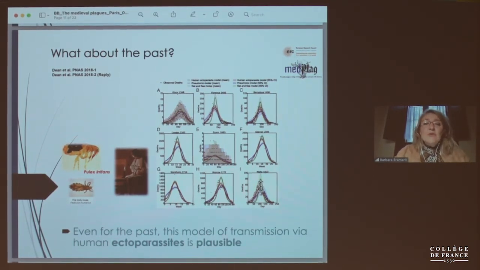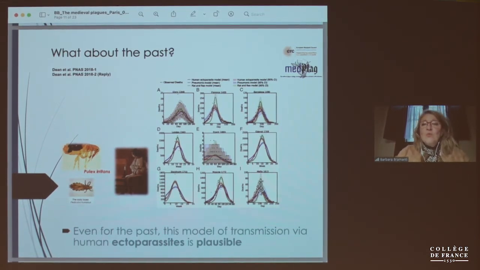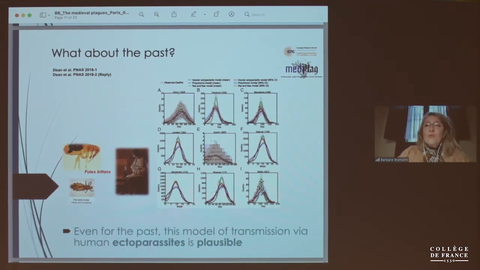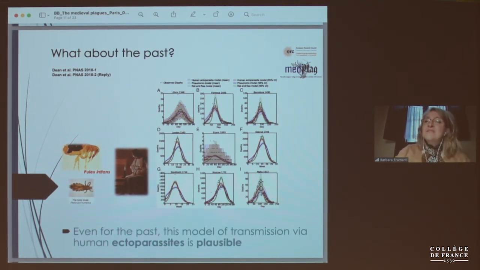And we have compared this with the transmission by rats. And what we have seen is that the model of transmission via human ectoparasites is plausible. Of course, this is just a model, we cannot be sure, but it is at least plausible, and therefore it is interesting to go also in this direction more in depth.